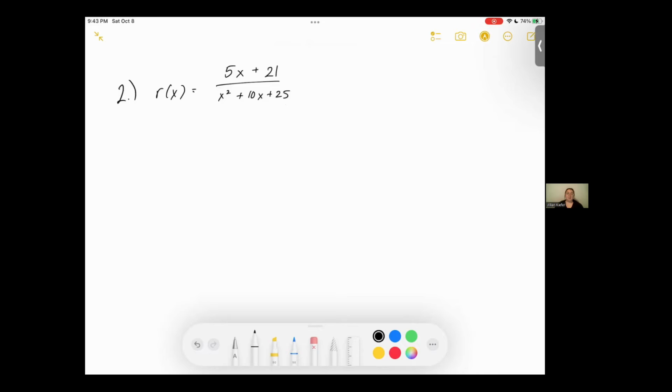It's not really a whole lot to work with. The only values that we have are 5 and 21, and 21 is definitely not divisible by 5, so there's no way to really factor it in any nice way. We'd only end up with really ugly numbers, and we don't want to deal with that. So our numerator is not going to be factored.